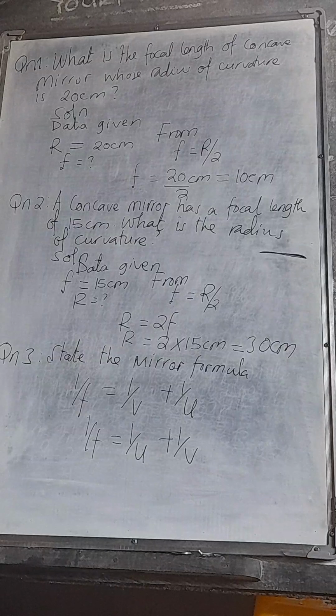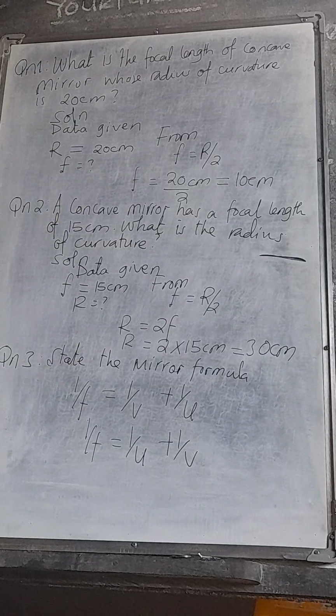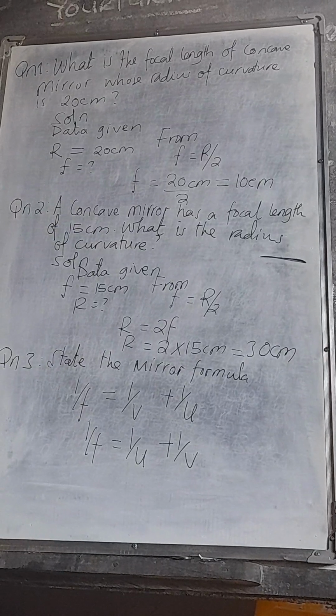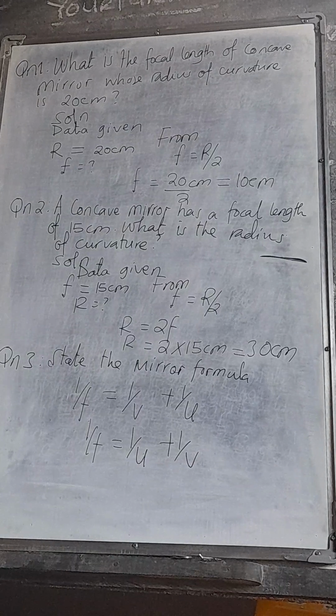So let's keep this momentum and continue with question number 4. Question number 4: an object is 30 centimeter from a concave mirror of focal length 10 centimeter.